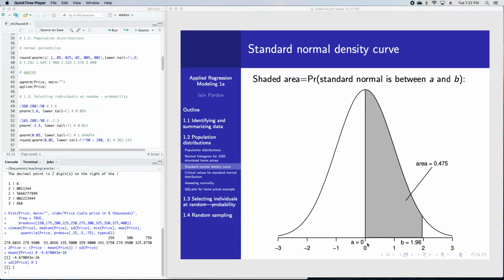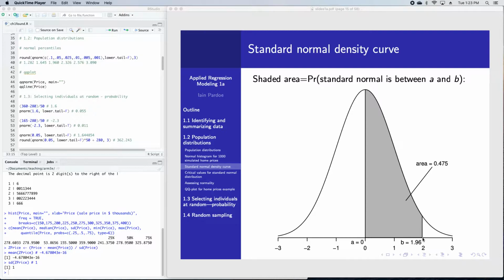So here I've got an example where A, my left-hand number is 0, which is right in the middle of the curve, and B, my right-hand number is 1.96. So you can see the horizontal scale down here, going from -3 over here up to +3 over here. So 1.96 is just a little bit to the left of 2.